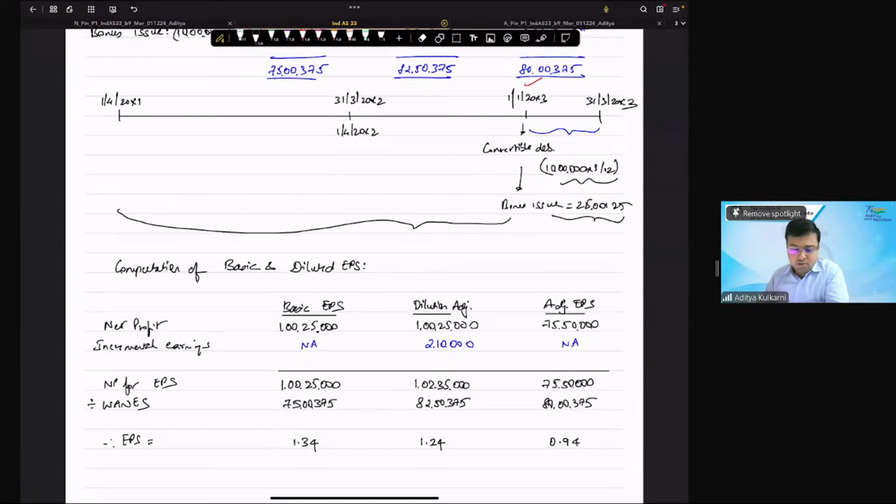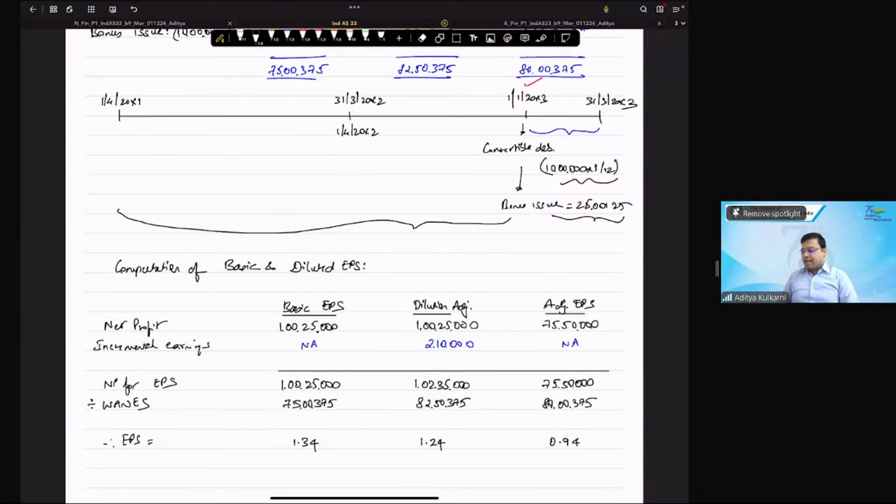Sir, is there any case where dilution and anti-dilution will also occur in a bonus case? Bonus won't be there, but we'll come across a question where there is anti-dilution also. In a bonus case, you won't have an anti-dilution, because bonus is only increasing the denominator.